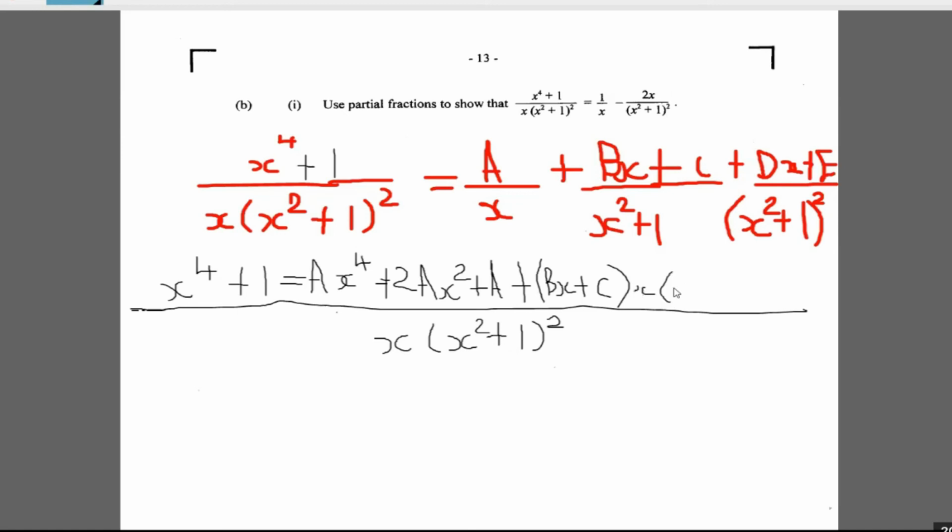That's a lot of work to do. But the good thing is dx plus e is just going to be multiplied by x. So the last part is easy. The last part is just dx plus e times x, which is plus dx squared plus ex.